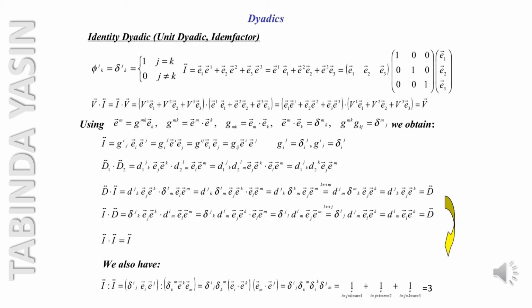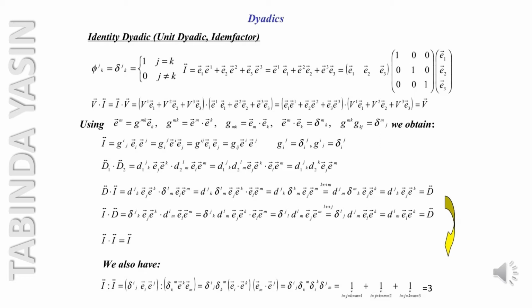Now when the two dyadics are taken in a dot product, the resultant is D_ij k d2 k e_j e_m. And when we take the dot product of two dyadics D and I, we have a resultant D dyadic.